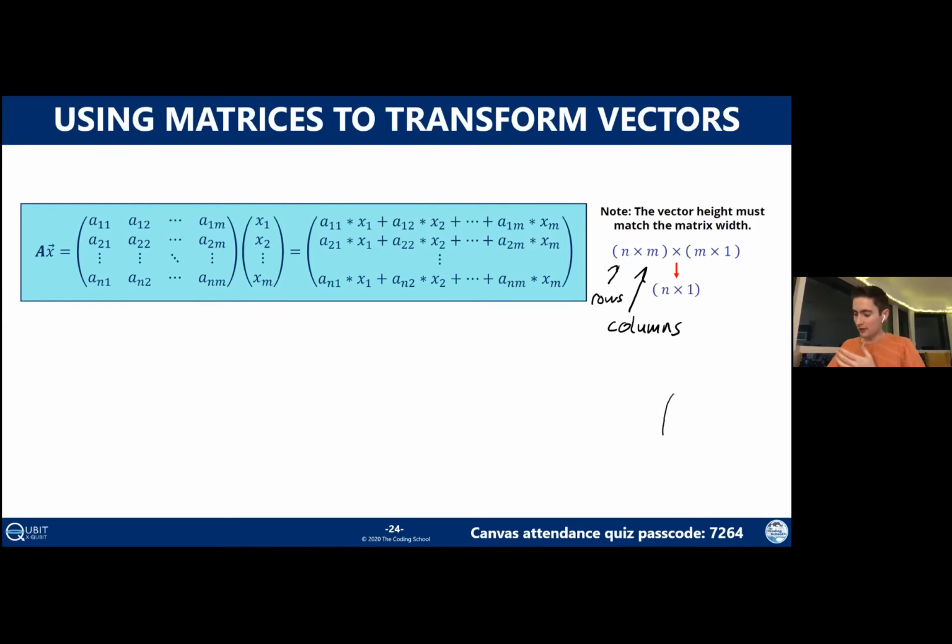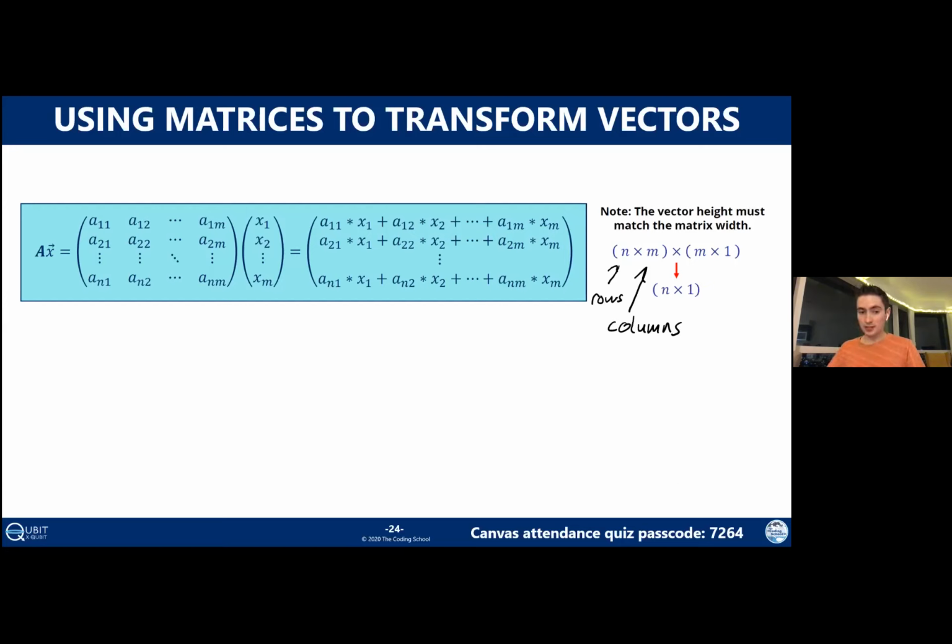Well, remember, a vector is just a stack of numbers on top of each other. So what we really have here is m rows, however many entries you have in your vector, and only one column. So sometimes we might call a vector an m by 1 matrix, just because of the way the dimensionality works out.